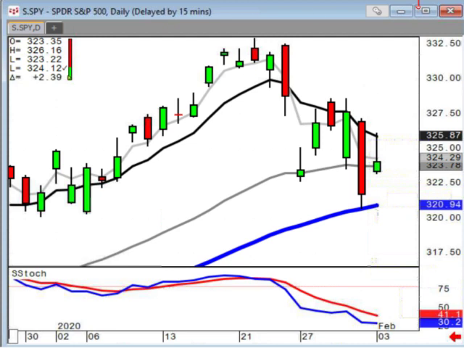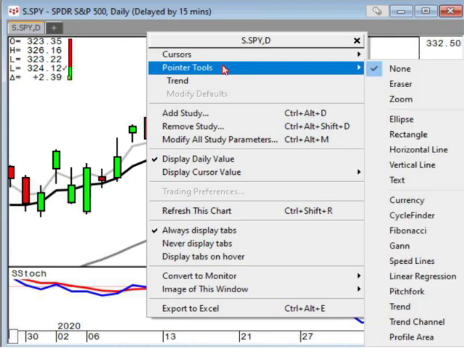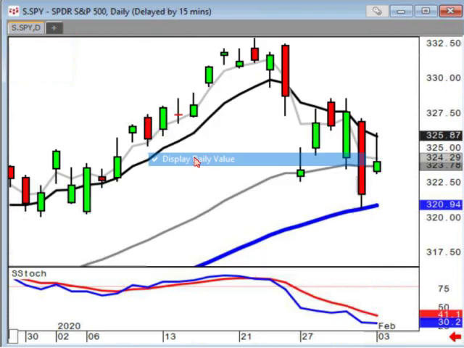Pointer tools. Maybe that was it. All right, we'll see how that went.